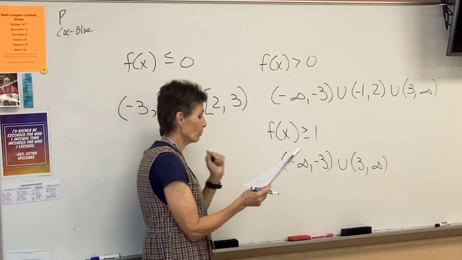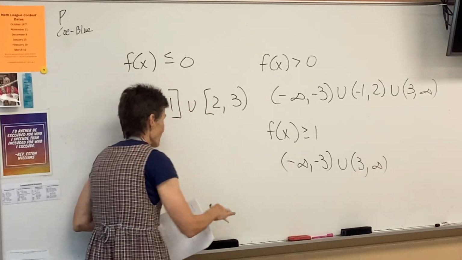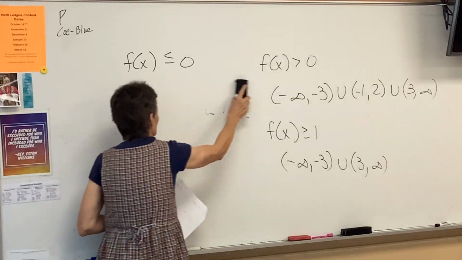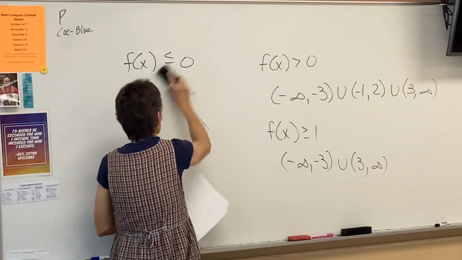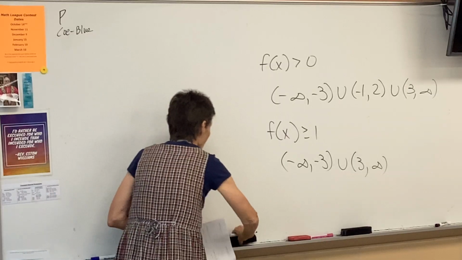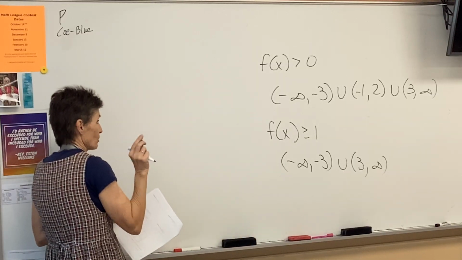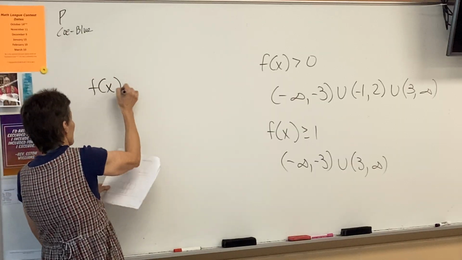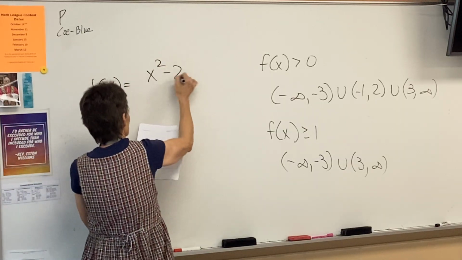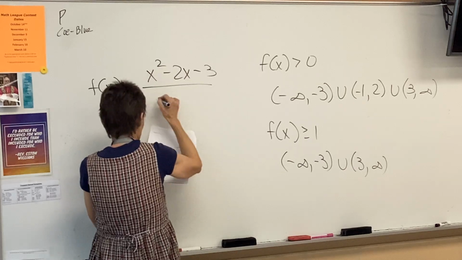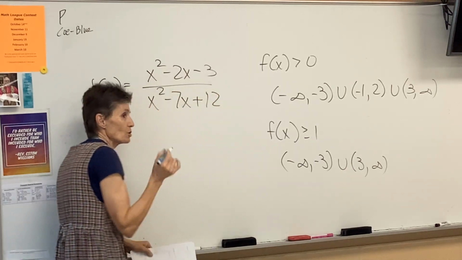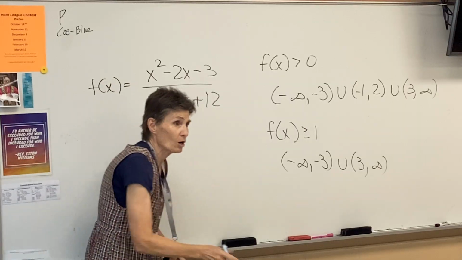Now, one problem I wanted to touch base on before we move into the next section. It's covered in the next section, but I want to make sure we talk about it in terms of the graphing that we were doing yesterday. So remember yesterday, we had a rational function like this, and we needed to solve it using a sign chart.